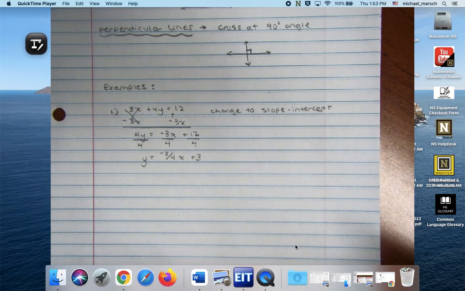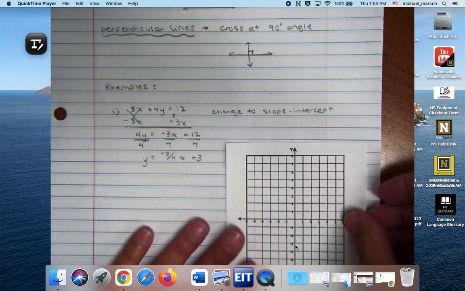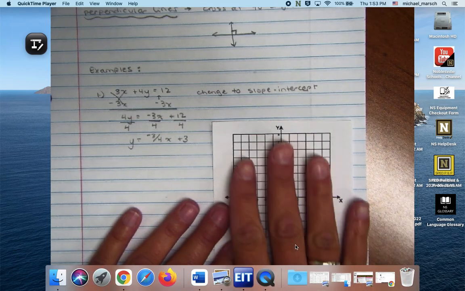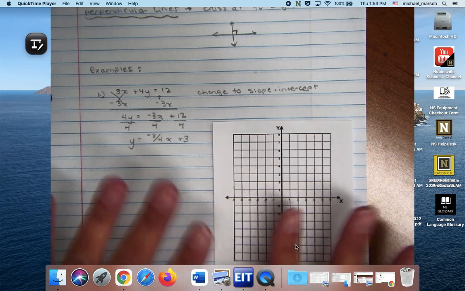So what we're going to do is glue our graph in over here. Please try to put it in roughly the same spot that I do.